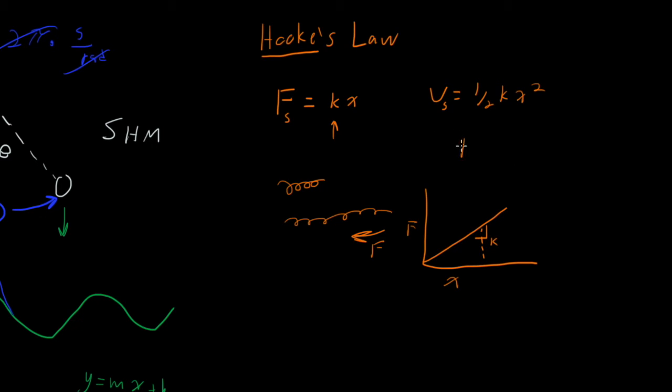So if I take force times distance, my force is already kx, and then I need to take the area under this curve, so I need to take x again, and then 1/2 because it's a triangle. Hopefully that makes sense. The height of this triangle is kx, and the base of this triangle is x. So I'm taking kx times x times 1/2 because I'm finding the area of that triangle. So 1/2 kxx is 1/2 kx squared, just like that.